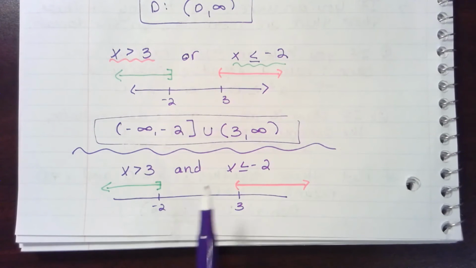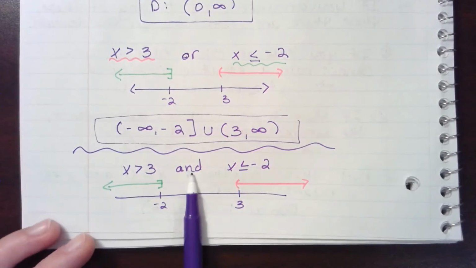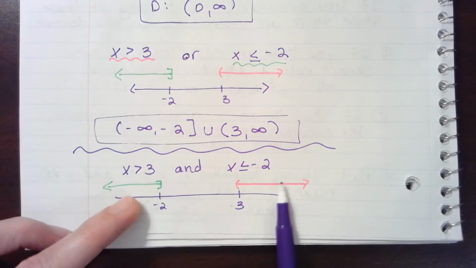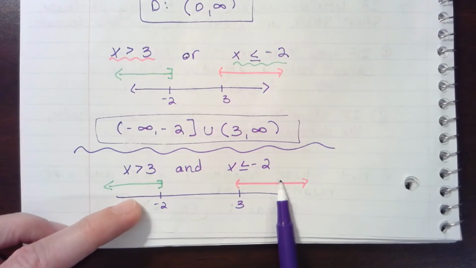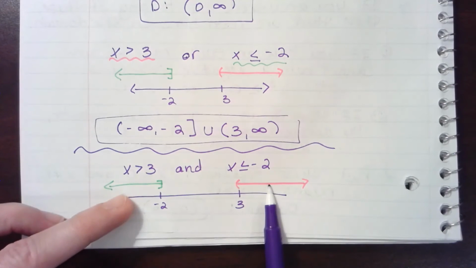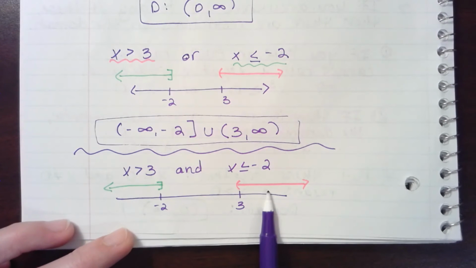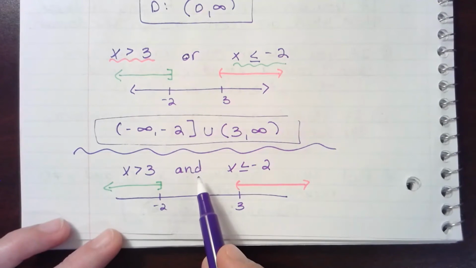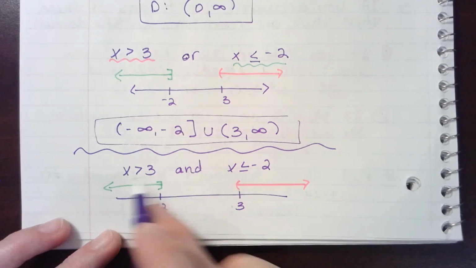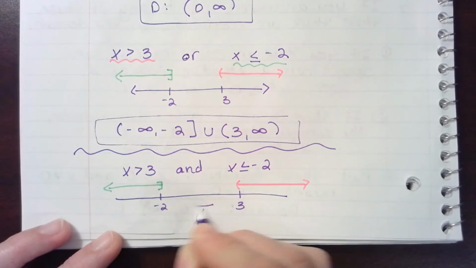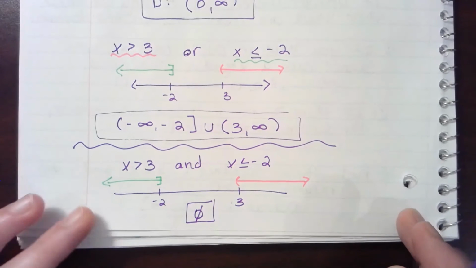But because we have an and, that means intersection. And intersection means what do they have in common? Well, what do these two graphs have in common? Absolutely nothing. If you were to smash them together, they don't have anything in common. That means the intersection of these two intervals is the empty set, because they have nothing in common.